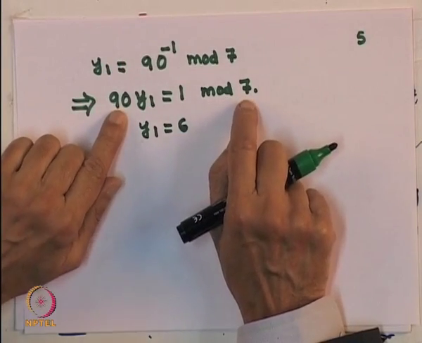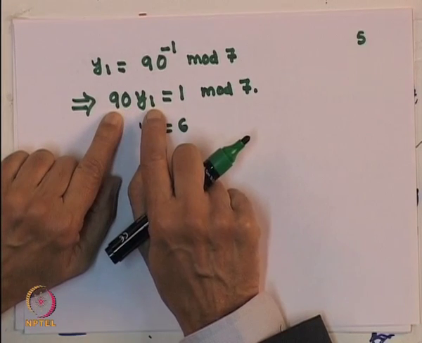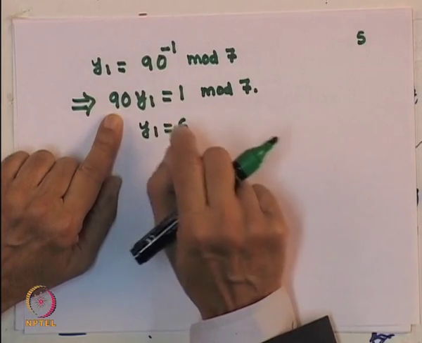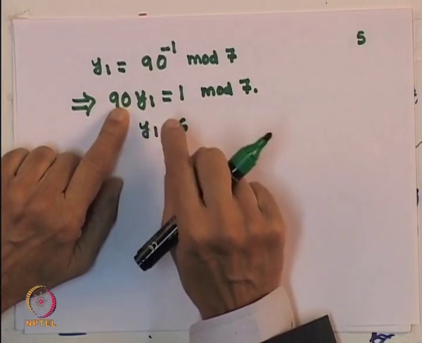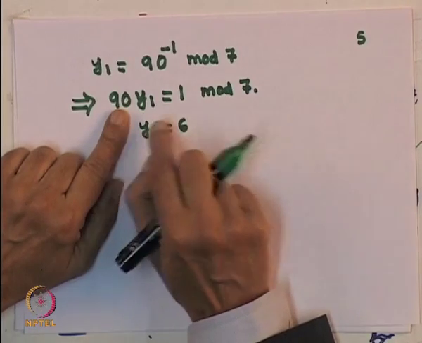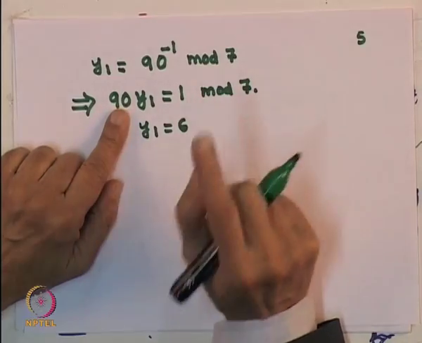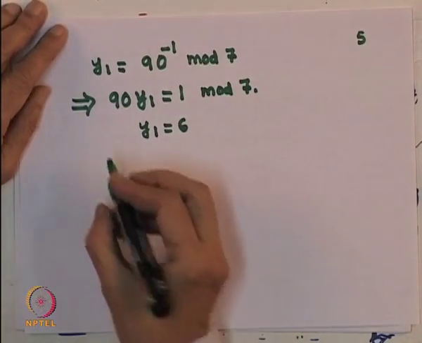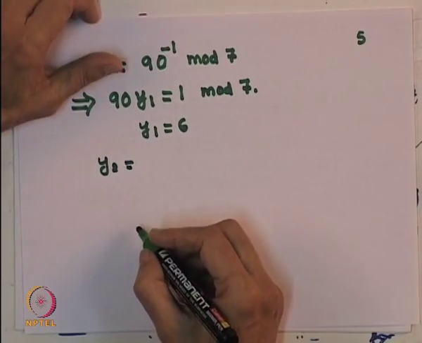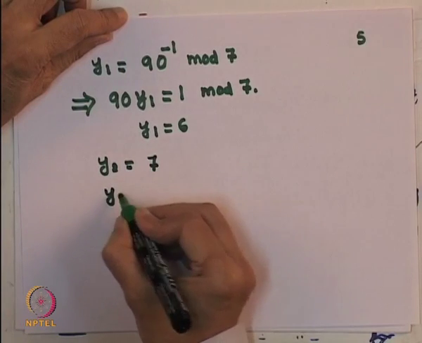And that's very easy to understand because 90 y1 we have, 84 is divisible by 7. So I am left with another 6 y1. So 6 y1 is equal to 1. I know 6 into 6 equal to 36, which leaves 1 when you divide it by 7. And likewise, my y2 will turn out to be equal to 7, and y3 turns out to be equal to 4.